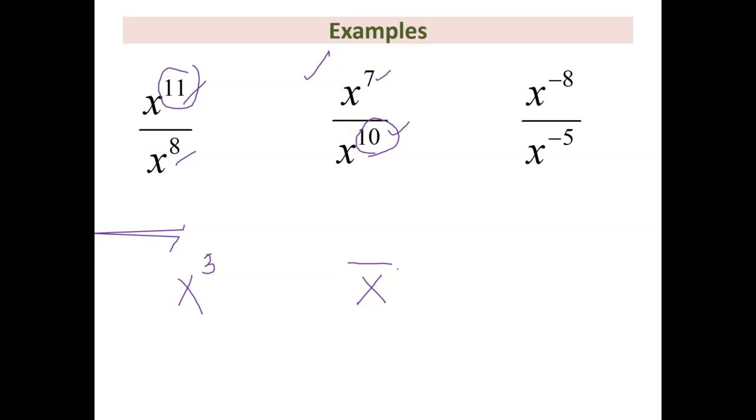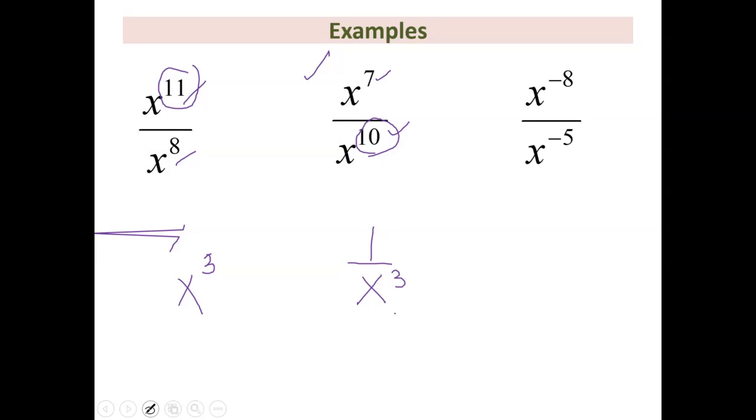If your x stays in the denominator, nothing is left except 1 on the top. And now you can do 10 minus 7, and that should give you positive 3. So by doing this technique, you avoided a step of changing a negative into a positive, right? But both will be correct, either way.